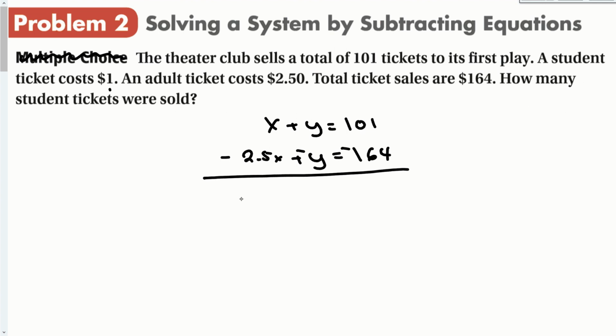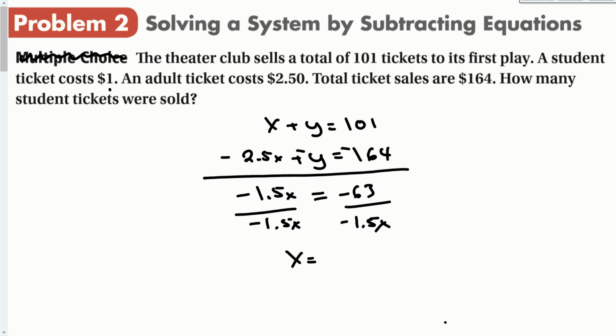Okay? So now I get negative 1.5x. The y's go away, and it's equal to negative 63. Divide out negative 1.5, and I get that x is equal to 42.